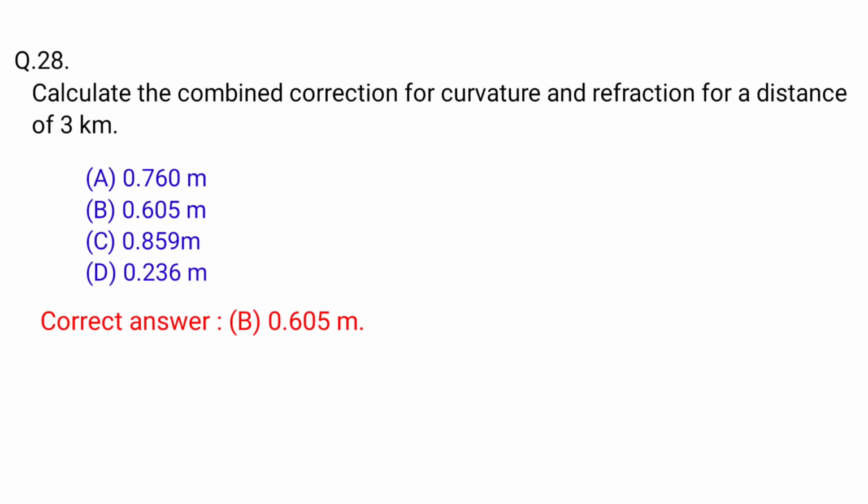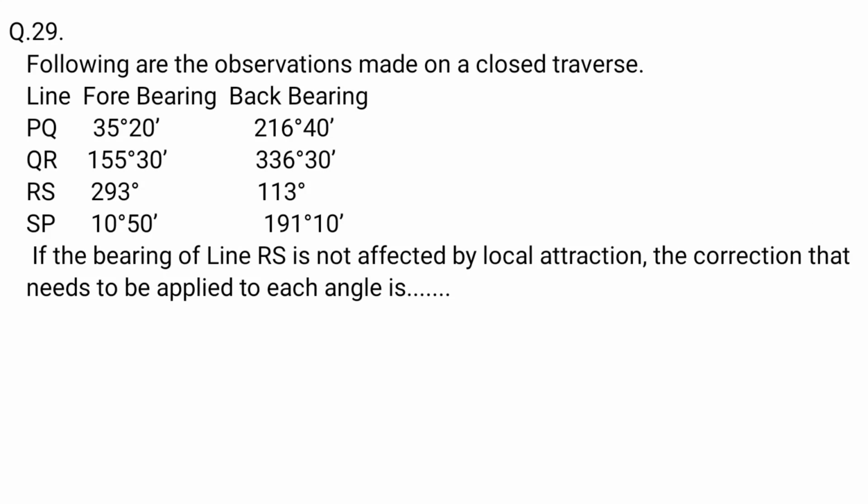Correct answer is option B. 0.605 meter. Next. Question number 29. Following are the observations made on a closed traverse line PQ bearing 35 degree 20 minute, back bearing 216 degree 40 minute, line QR bearing 155 degree 30 minute, back bearing 336 degree 30 minute, line RS bearing 293 degrees, back bearing 113 degrees, line SP bearing 10 degree 50 minute, back bearing 191 degree 10 minute.